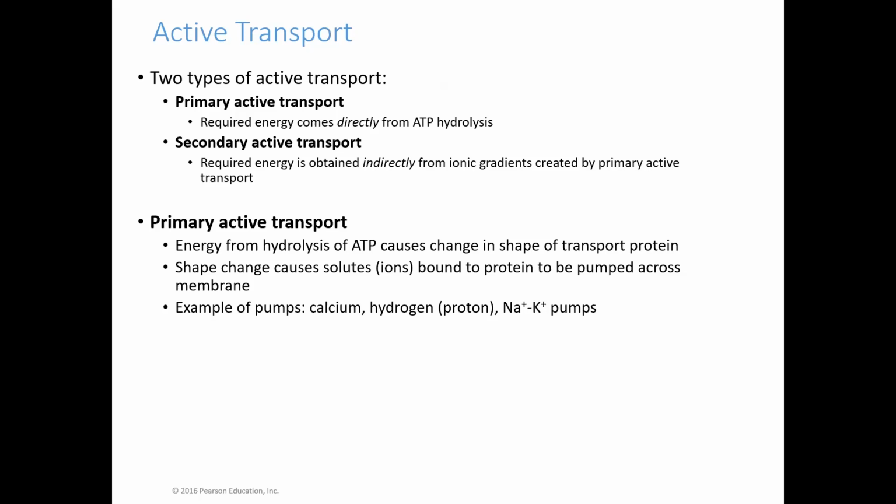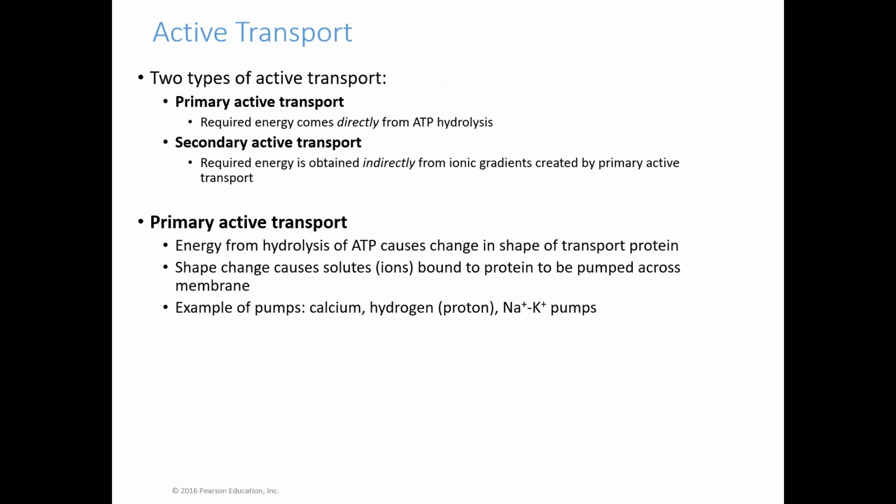And you can remove substances from the inside of the cell and kick them to the outside, going against the concentration gradient. You can take substances from the outside and bring them into the cell, going against their concentration gradient. We change the shape of the pump to accommodate the movement of these substances.